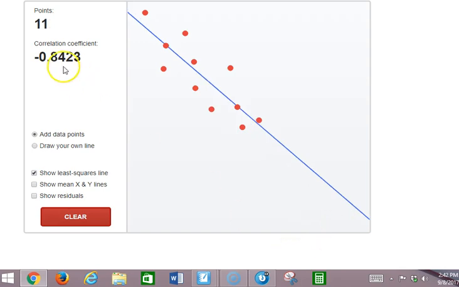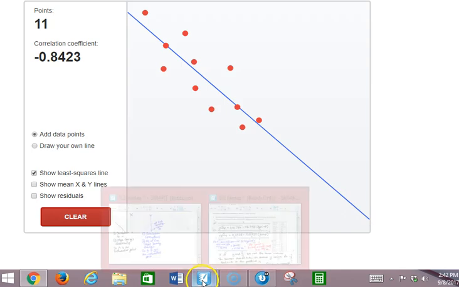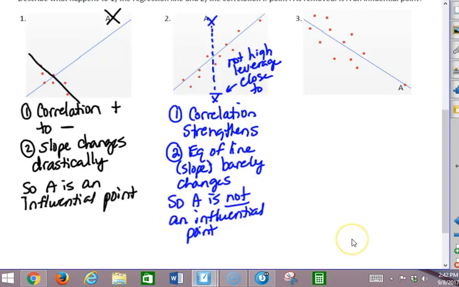Okay. It weakens the correlation when I remove it. But did it change the equation of the line much? No, not much at all. So it is not an influential point. So if we remove this, even though it has high leverage, it's so much in line with the rest of the trend of the data that the trend of the data does not change, even though it's a high leverage point.